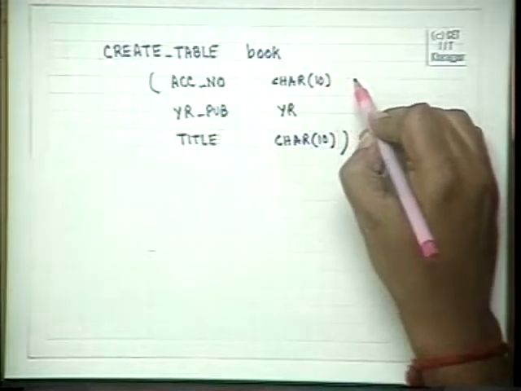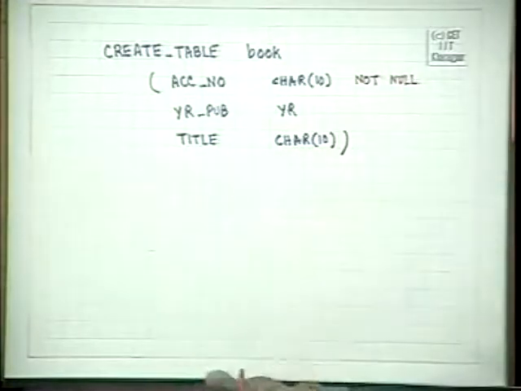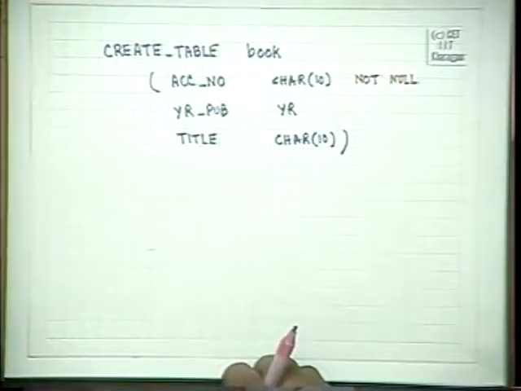Additionally, we can say that this is not null, this cannot be null. We discussed views, we discussed that some attributes may not be specified. For example, you may get a book and you may not be able to find out the year of publication of the book. Many libraries have old and very vague types of books where you do not have the year of publication.